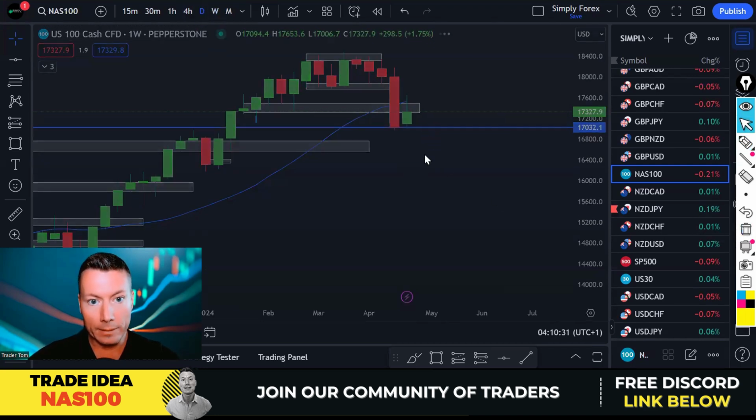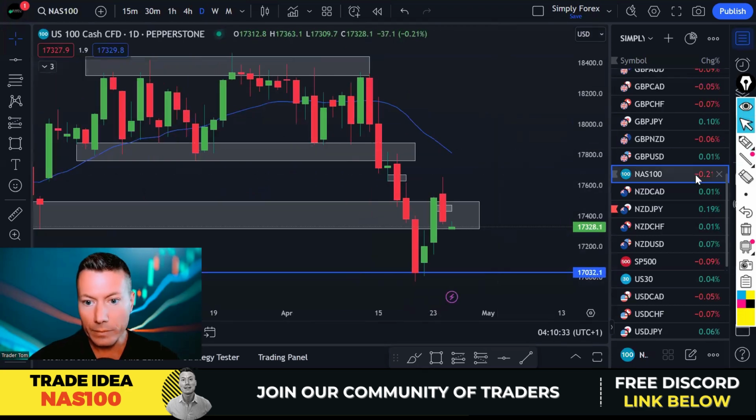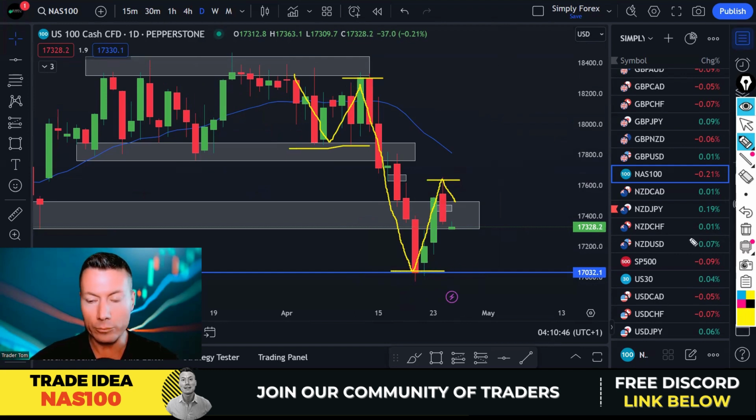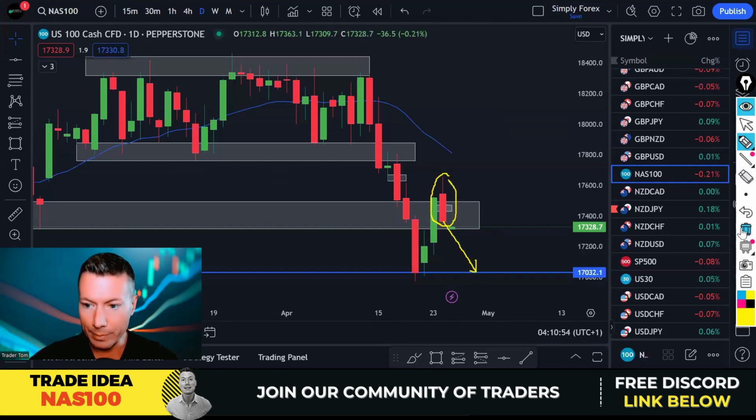Now, if we drop down to the day chart, we are clearly up here and then bang, we are clearly in a downtrend. Lower highs, lower lows. You don't have to be Warren Buffett to see that is in a downtrend. We have a nice big bearish candle as well, and we've got room to move into. So a good setup potentially.